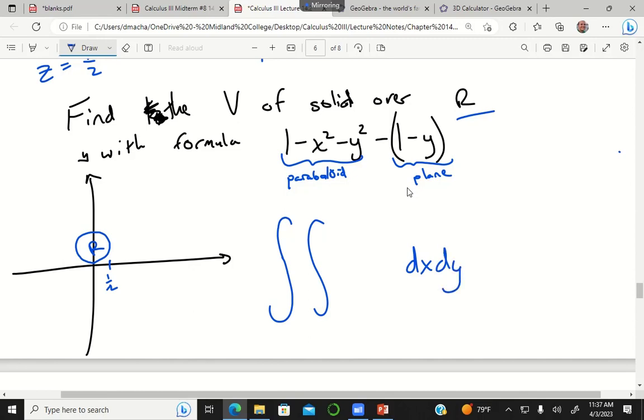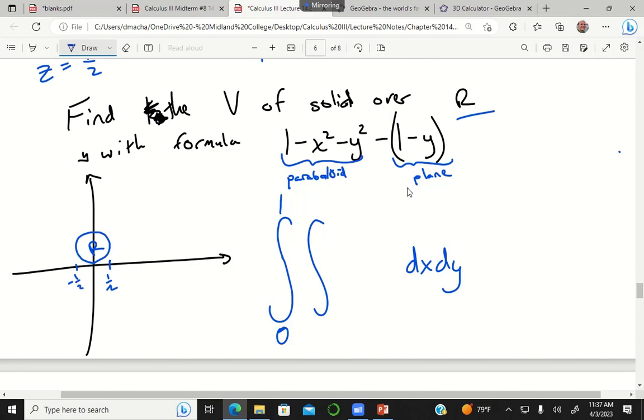My y variable can be anywhere between 0 and 1. The bounds are always going to be constants on my outside integral. But for my inside integral, I can't just allow x to be between negative half and positive half, because that would give me the whole square.